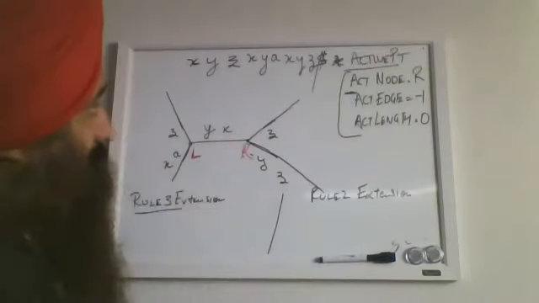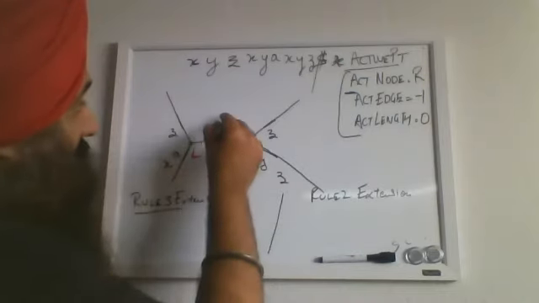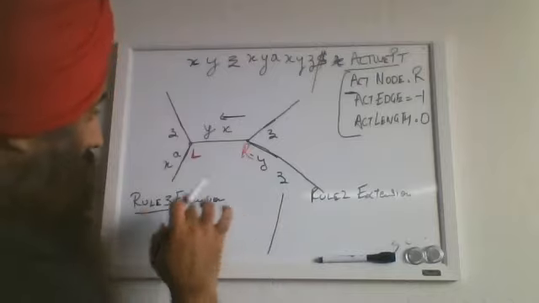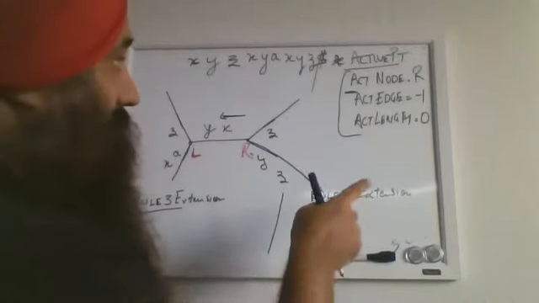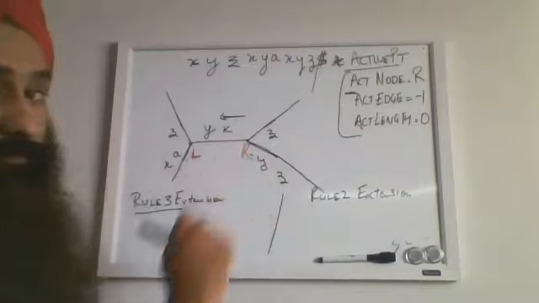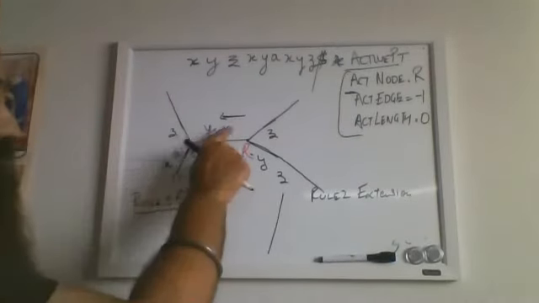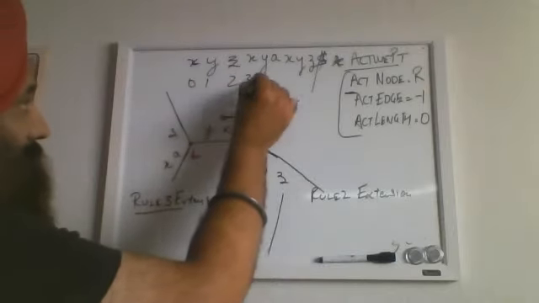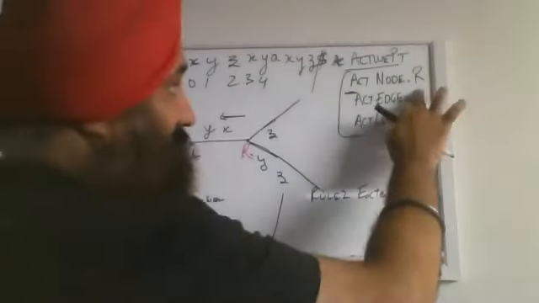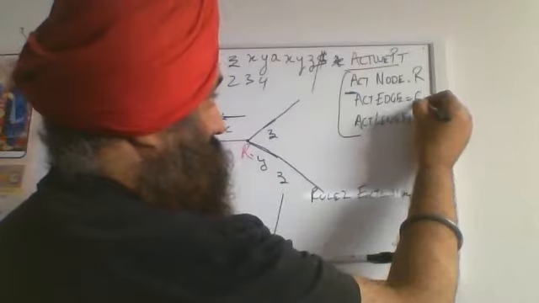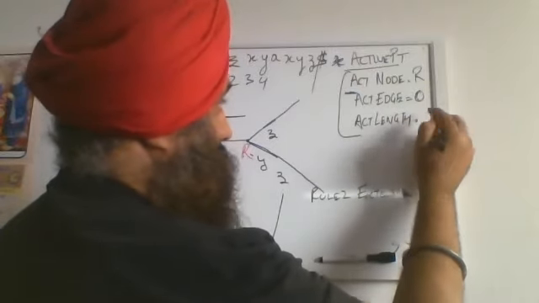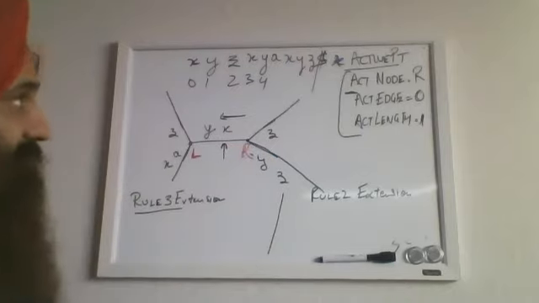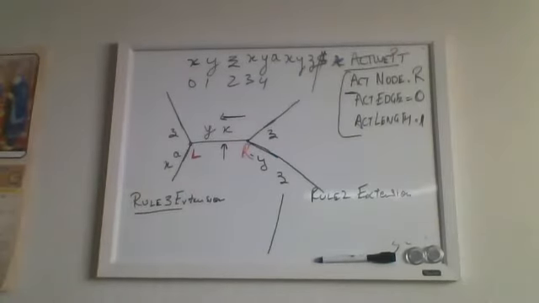You begin at the root, you see your x is present. So rule 3 applies. Each rule will have a different impact on the active point. You see x is already present, so you change the active edge to x and you increment the length by 1. So this will become your active point, and your next extension will be done after that.